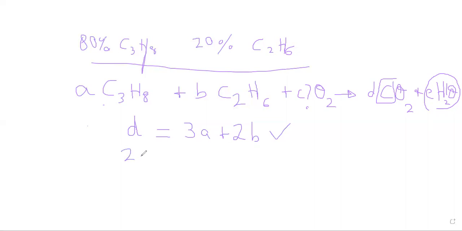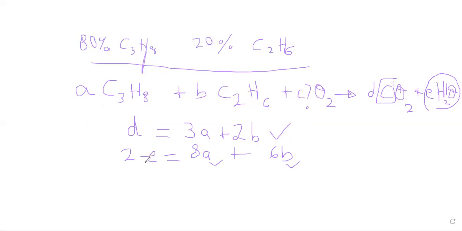So 2E is equal to A times 8, so 8A, plus 6 times B. So this is the equation for H. Again, E is a function of A and B. So it's enough to know the number of kilomoles of A and B to determine the coefficients D and E.